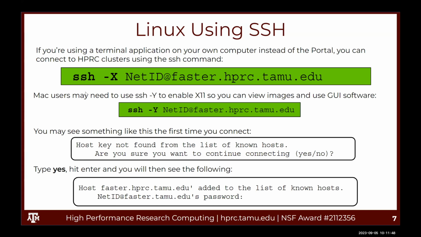So if you are on a Linux machine and you're using a Linux terminal and you don't want to use the Open On Demand portal, you can directly go to your terminal, type SSH space -X, your net ID @faster.hprc.tamu.edu, and it'll ask you your password and do a push again, and you will be able to log in.